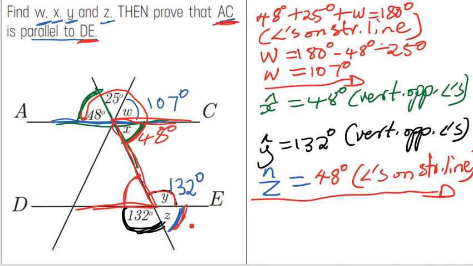We said angle Z is equal to 48 because they were angles on a straight line. Now when you look at the vertical opposite angles, this one also gives us 48. So therefore these two lines are parallel.